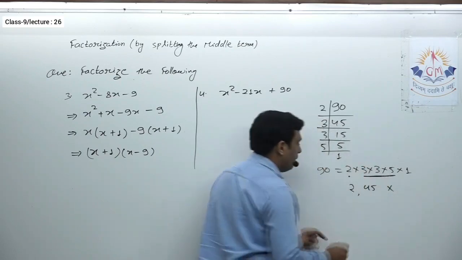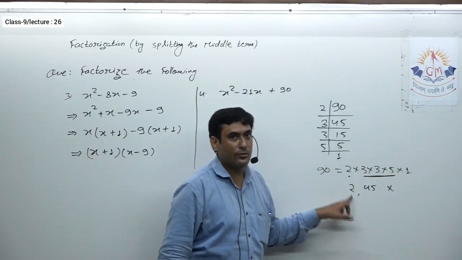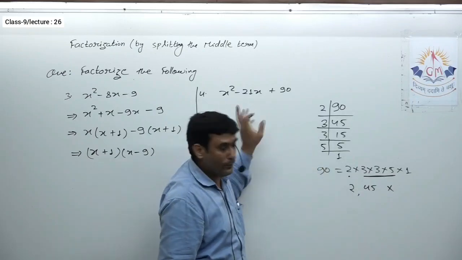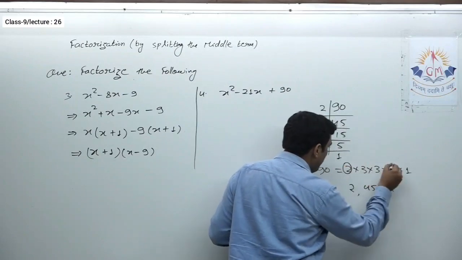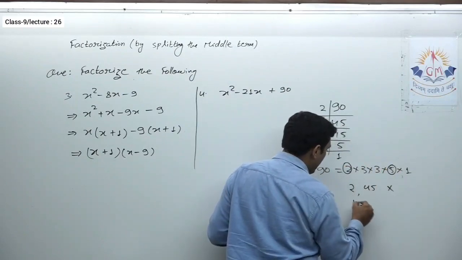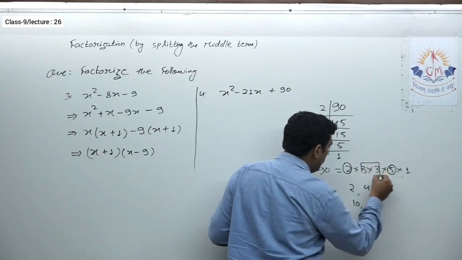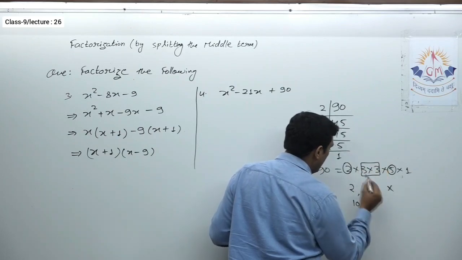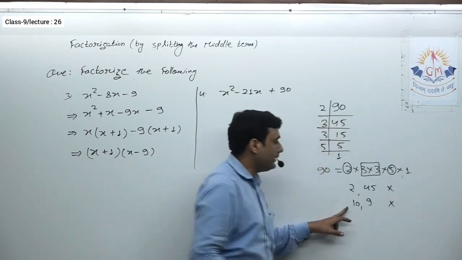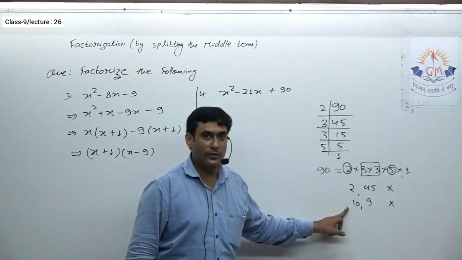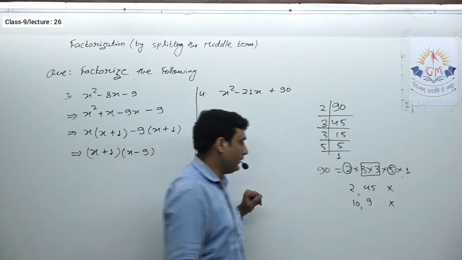It is absolutely wrong, because neither their difference nor their sum is going to give you 21. Now suppose I take this 2 and 5 together, that makes 10, and the remaining two 3s together, that is 9. So again it is wrong, because again neither their sum nor their difference is going to give you 21.